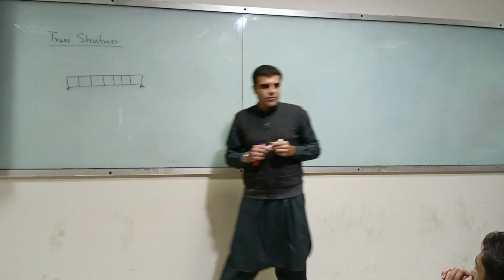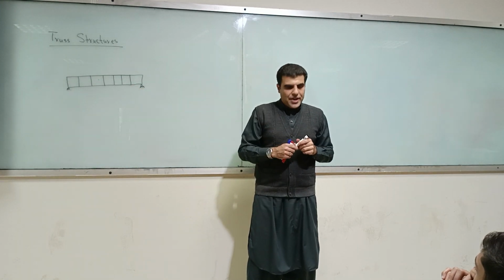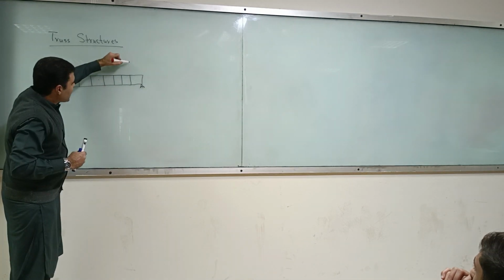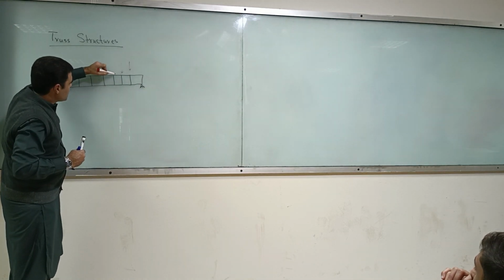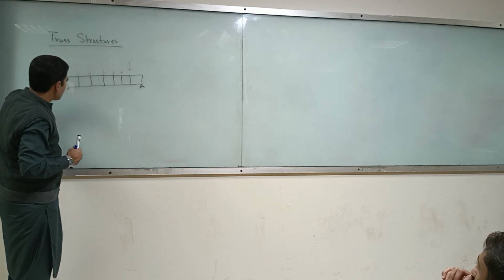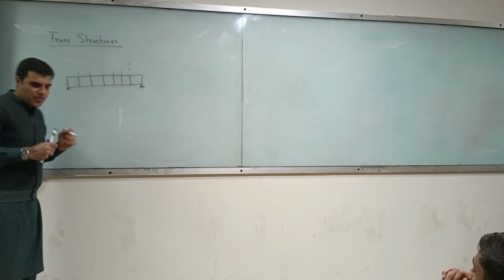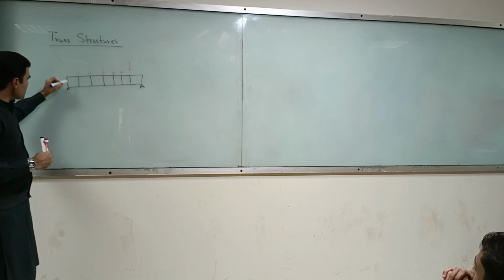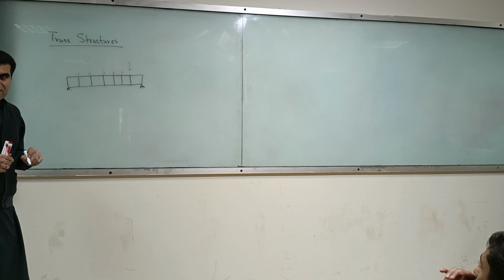I've got a truss structure which looks like this. Now, I've got loads which are applied like this. So what do you think, in what direction should I put my links? In this direction or in this direction? Crisscross manner.